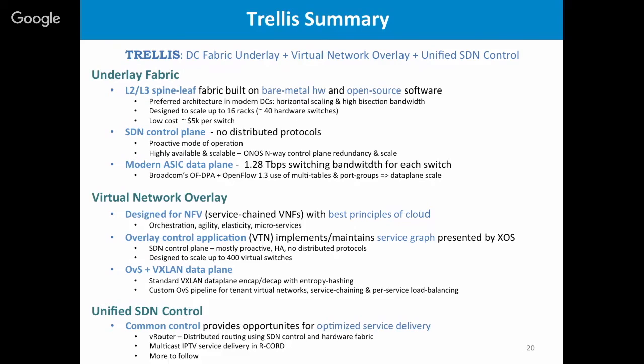Okay. So the question is, let's say you only have the virtual network overlay and you did not have control over the underlay, but you did know some aspects of the underlay, like some guaranteed bandwidth or some guaranteed latency along some path through the underlay. Can the virtual network overlay still take benefit of that? And the answer is yes.